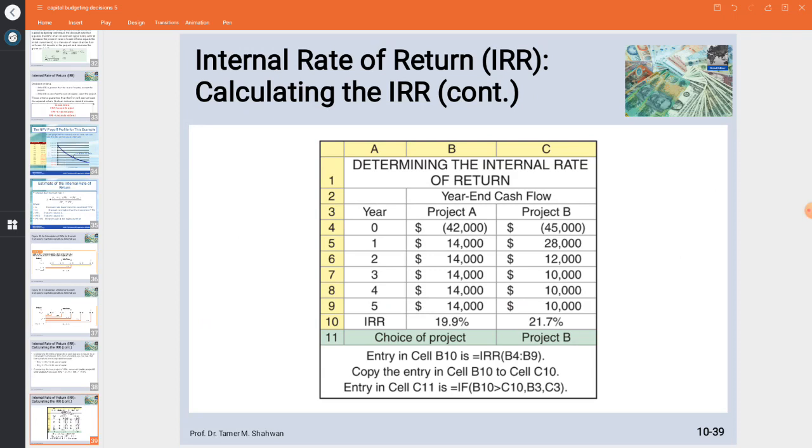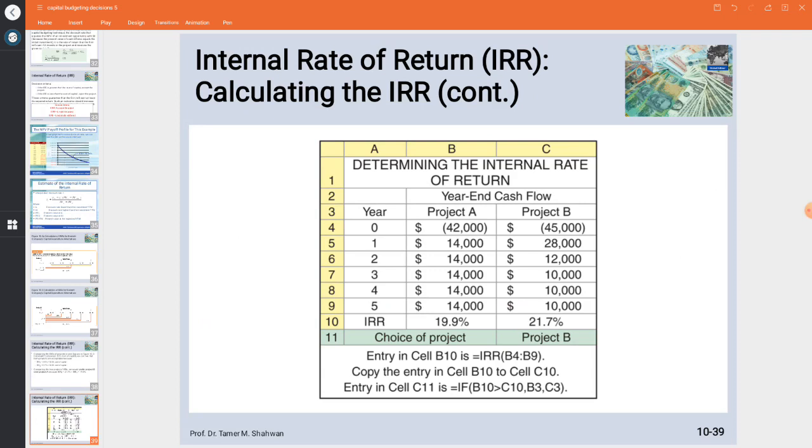As you see, this is a very easy and quick way to determine the internal rate of return using an Excel sheet. Here we have year 0, and we have 1, 2, 3, 4, 5. This is the period of cash flows that we are going to receive. We are interested in determining the internal rate of return of this project. In this case, you must use the IRR function in Excel.